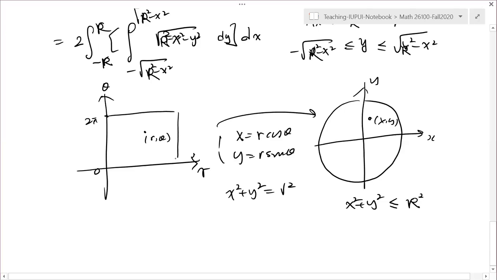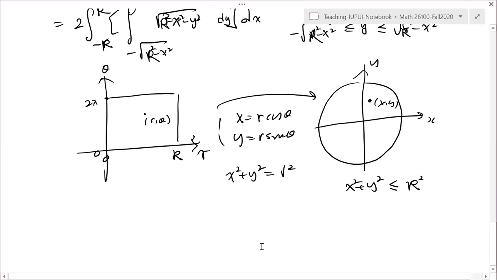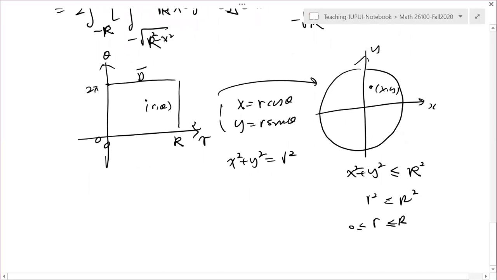R is just needed from 0 to capital R, because r is positive and not negative. So this rectangular domain, this is my D bar, is mapped to the circle, okay, right?